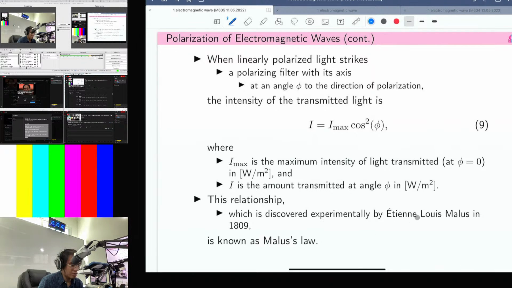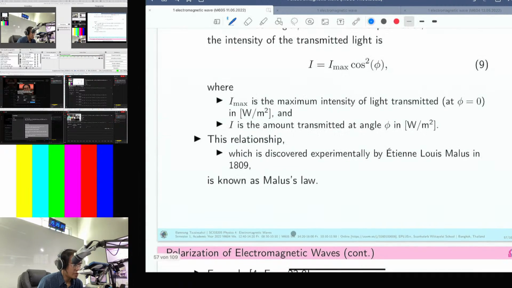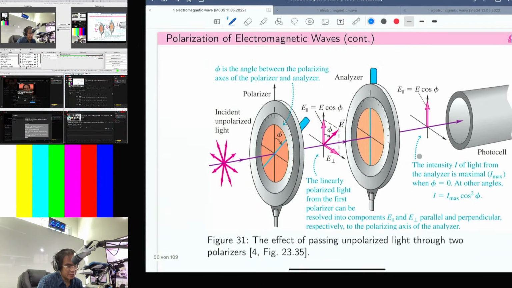It's called, I don't know, Etienne Louis Malus. He is the person who observed the relationship between the intensity of the light at the incident side and at the output side.